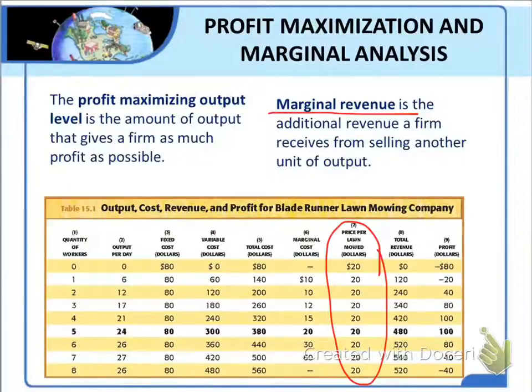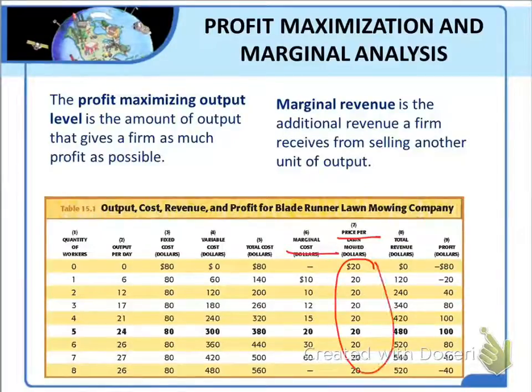This suggests a simple rule for the firm. Increase production as long as the marginal revenue, given by the price here, is greater than the marginal cost. So as long as this number right here is greater than this number right here, you should continue to produce. But do not increase production if marginal revenue is less than marginal cost.